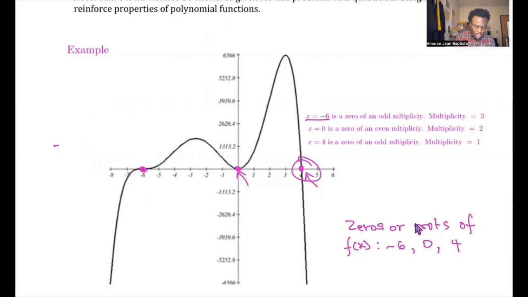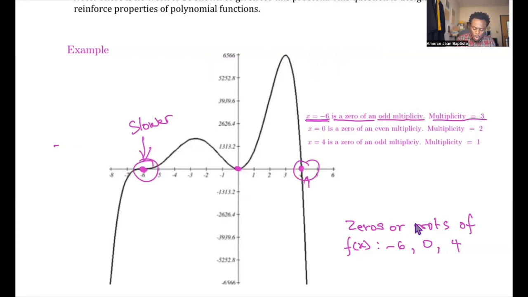We want to see whether it's an even or odd multiplicity zero. So x equals -6 is a zero of an odd multiplicity. And I said that the multiplicity equals 3 because clearly the cross is slower here than this one.